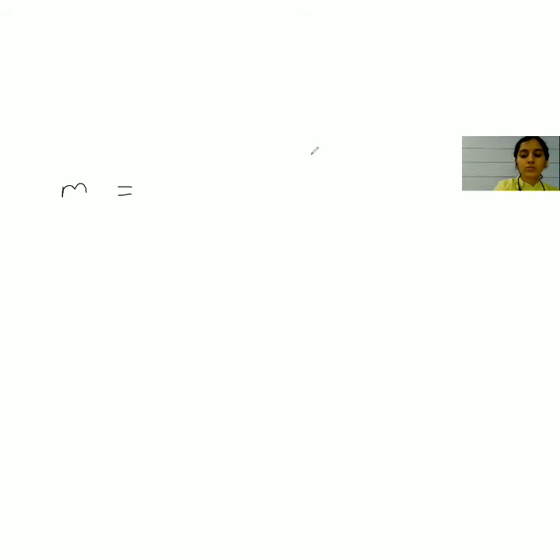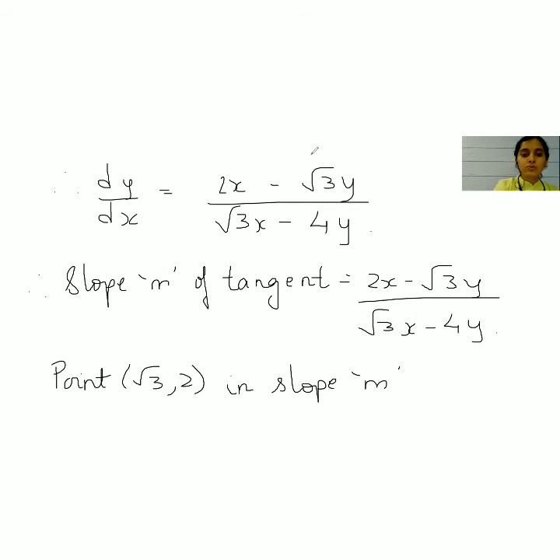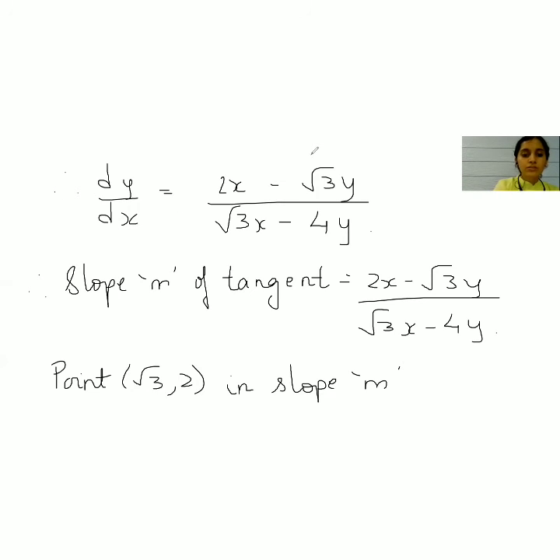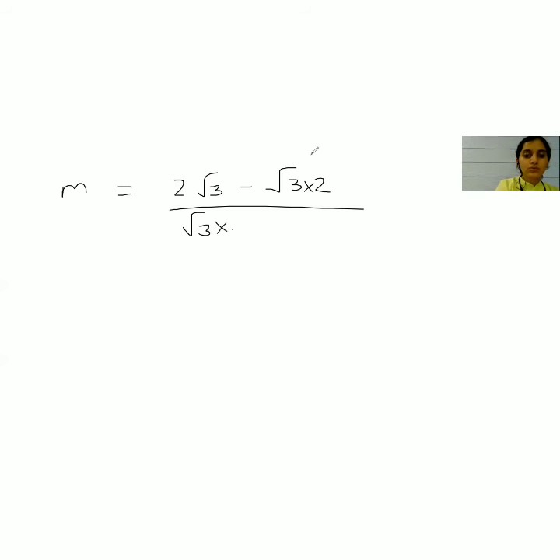So m is equal to 2 into root 3 minus root 3 into 2, divided by root 3 into root 3 minus 4 into 2. Now the numerator cancels out, so we get 0. So m is 0. The slope is 0.